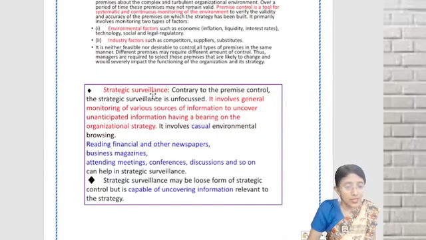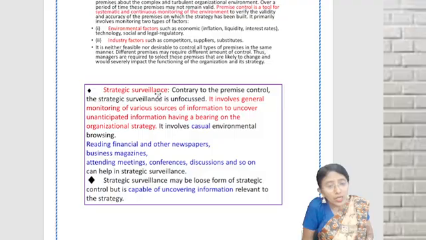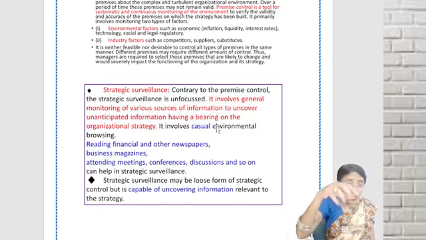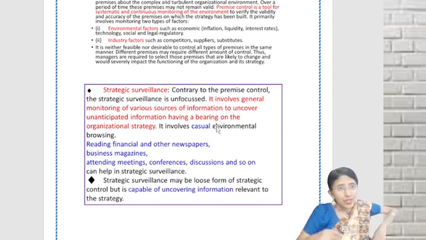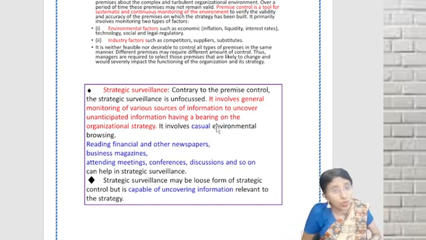Now strategic surveillance, it is unfocused in the sense, what is surveillance? You are trying to get various sources of information. You are getting hold of various sources of information to know about the unanticipated environment. You are gathering some surveillance, say CCTV surveillance, etc. So what are you doing here?